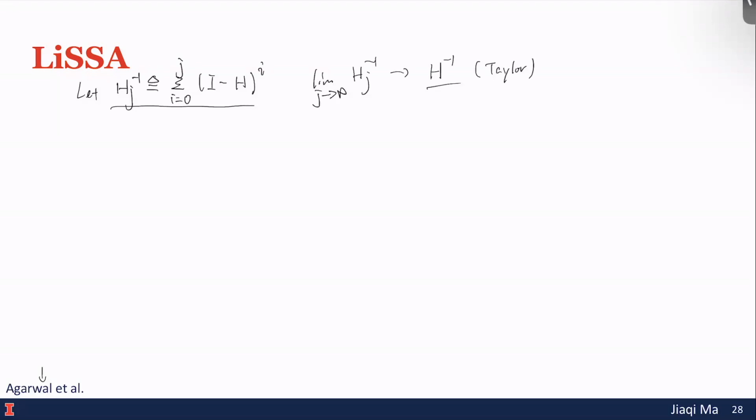We can also equivalently define Hj inverse recursively. So define this term recursively: Hj inverse equals I plus (I minus H) times Hj minus 1 inverse.